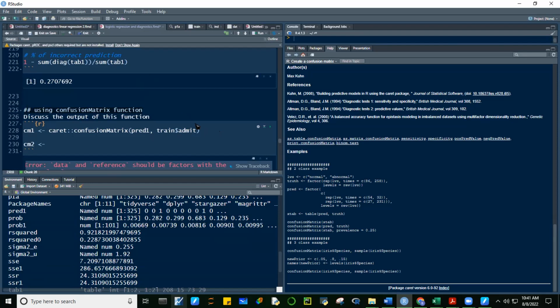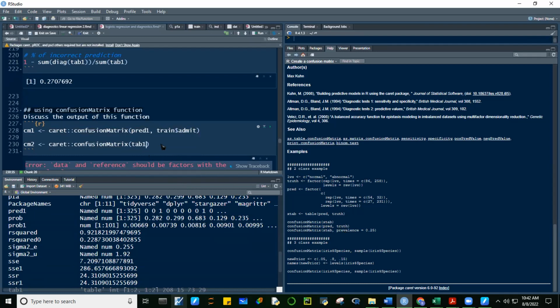I'm following the syntax here, class. Dito nag-create muna siya ng cross-tabulation ng predicted at saka ng truth. And then confusion matrix. Sabi niya, pwedeng tab 1, yung tab 1 sa atin, or pwedeng yung pareho.